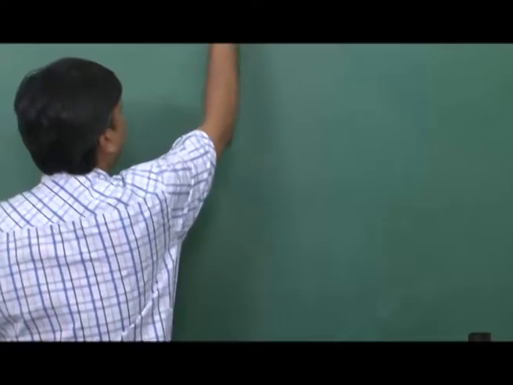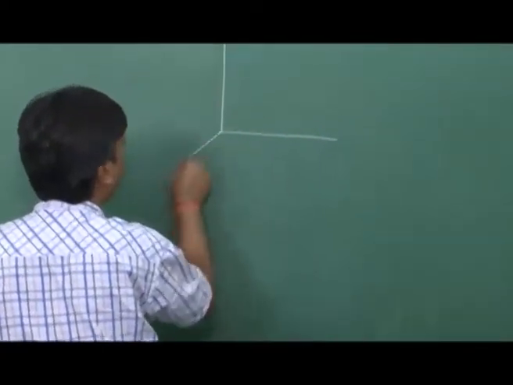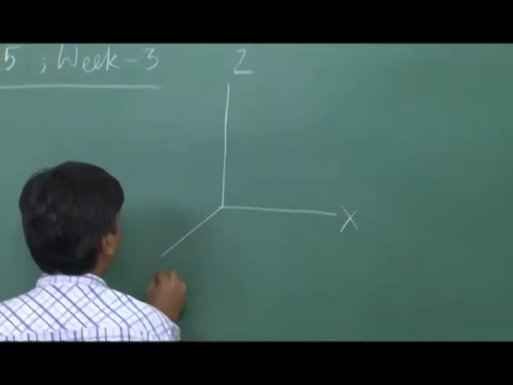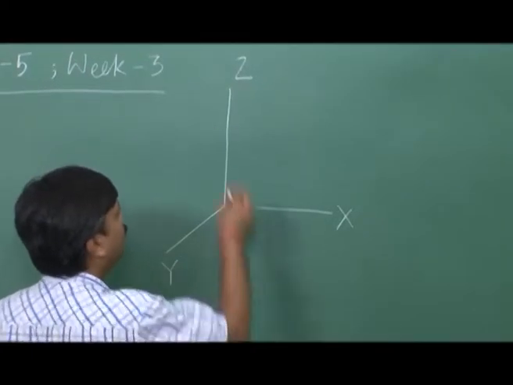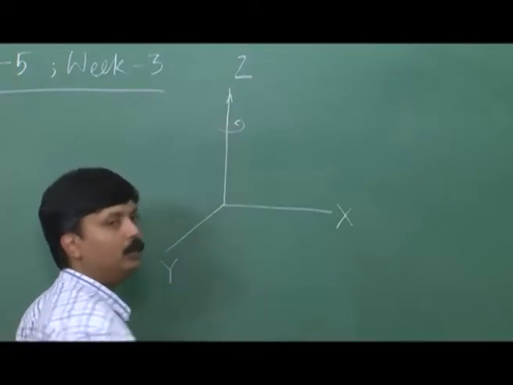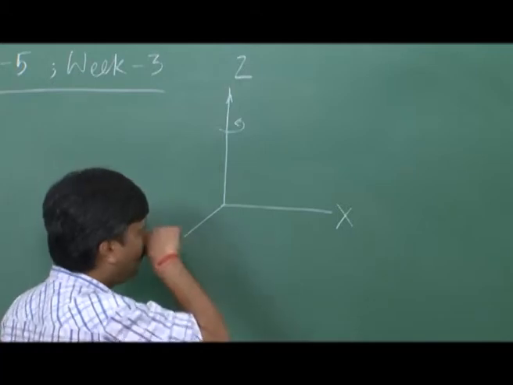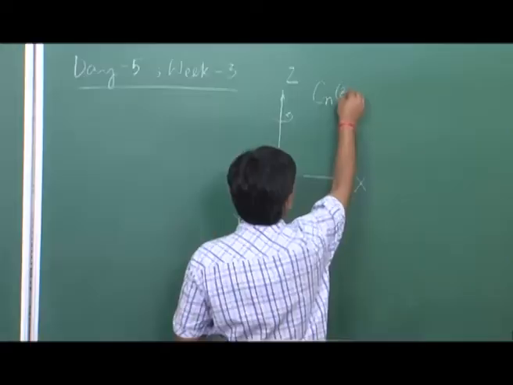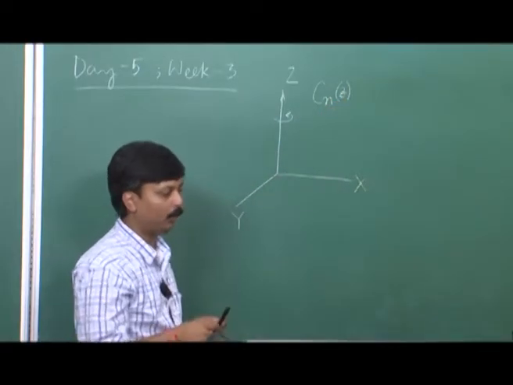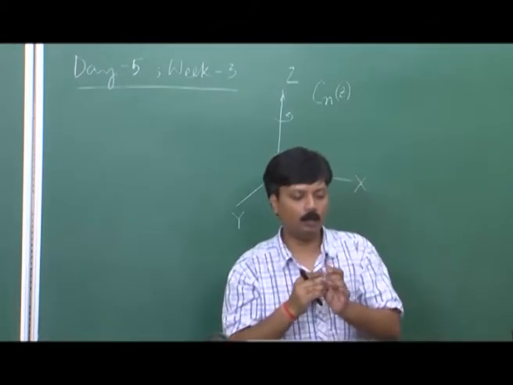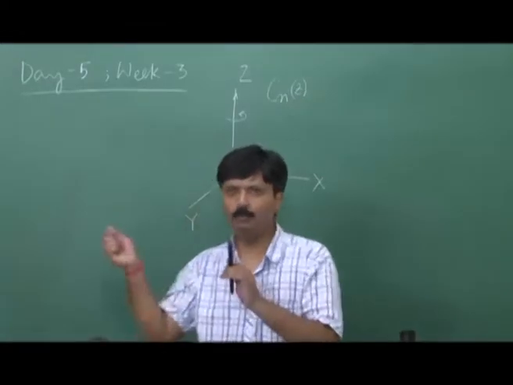Which means if I have the same coordinate system again here, then my principal axis of rotation will be about this axis. Okay. So I will say this is Cn z. That will tell you that the Cn axis is along the z coordinate of our Cartesian coordinate system, and then we will do all the operations.